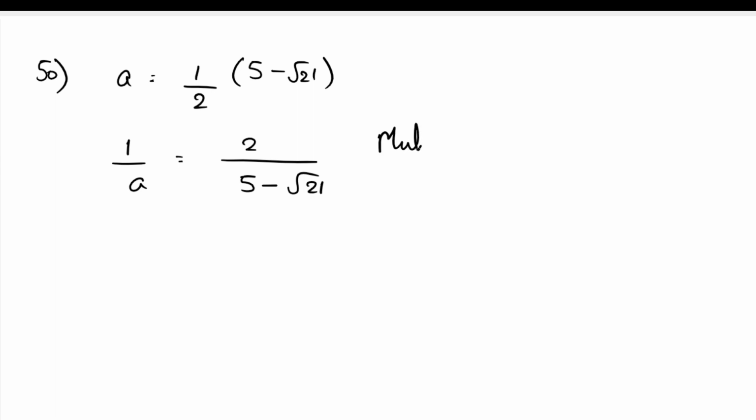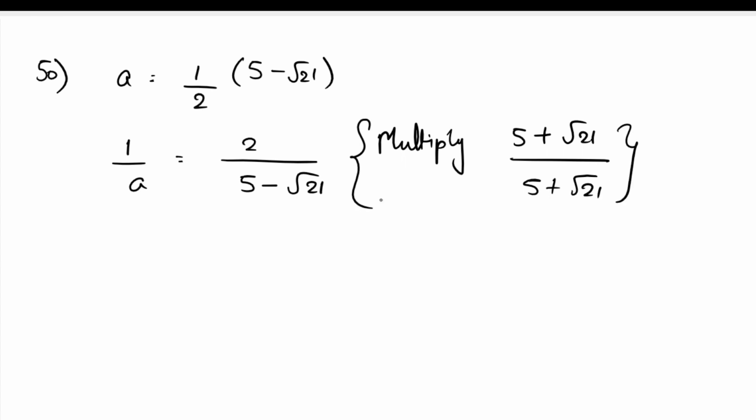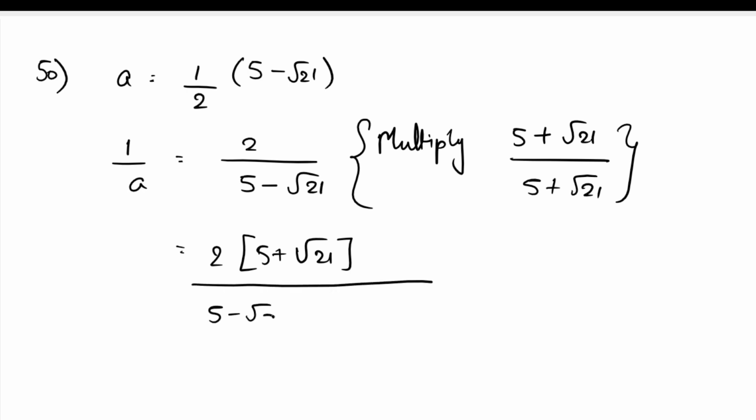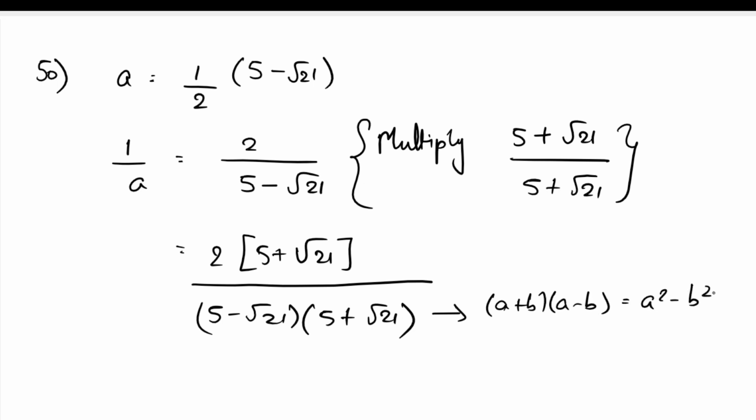Now this I'm multiplying by 5 plus root 21 divided by 5 plus root 21, which is equal to 2 into 5 plus root 21 divided by 5 minus root 21 into 5 plus root 21. Now this is in the form A plus B into A minus B, which is equal to A square minus B square.